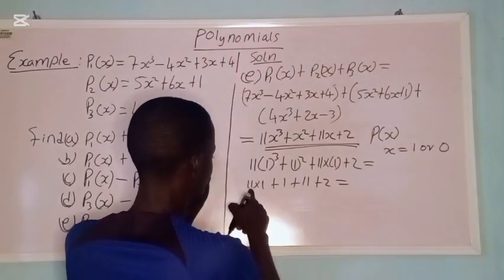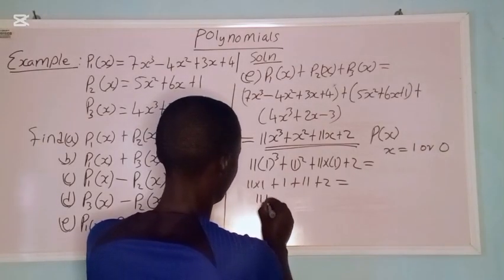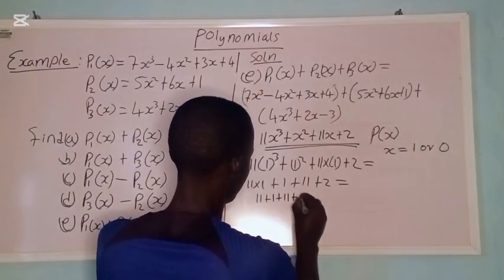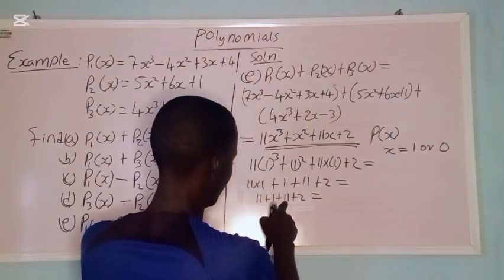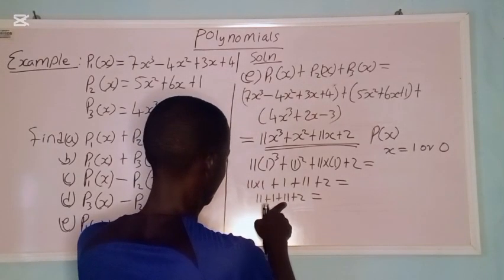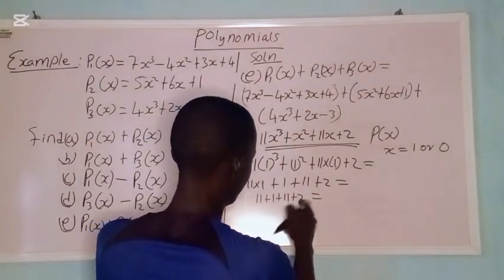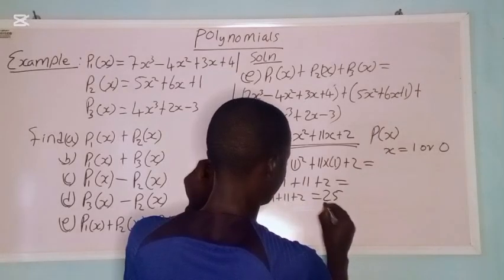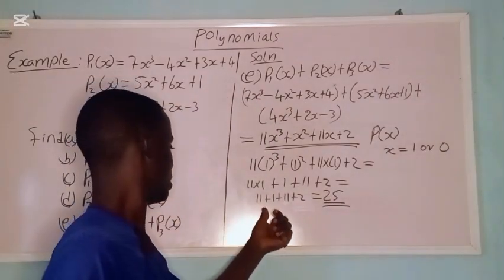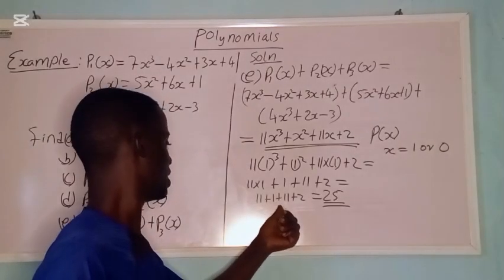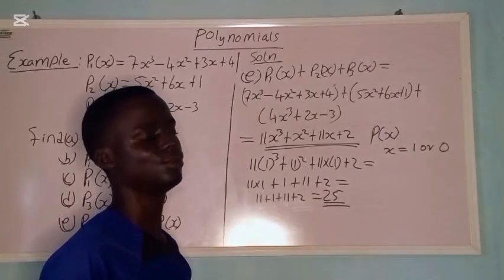So now 11 times 1 is still 11, so we now have 11 plus 1 plus 11 plus 2 is equal to what? 11 plus 1 is 12. 12 plus 11, so we now have 23. 23 plus 2 will now be 25.